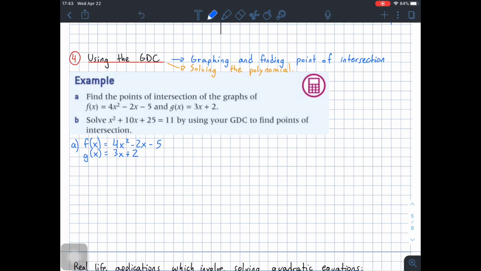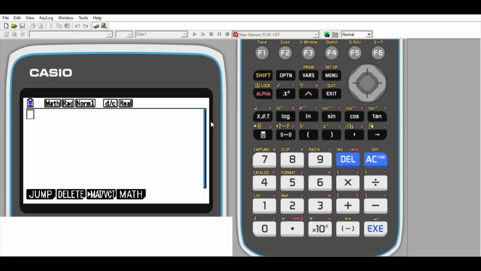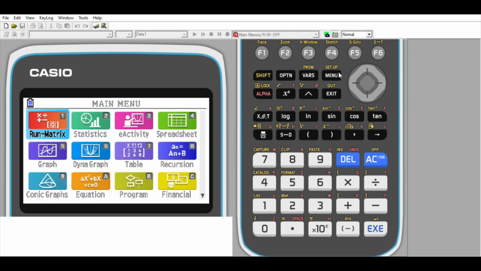So we want to find the point of intersection. That's also known as the solution of these two equations. So let me show you how to do this using the calculator. Just give me a second. Okay, so now if you look at the calculator, in order to do this, we would go to menu, graph.